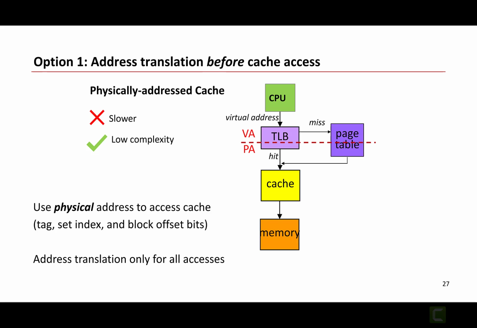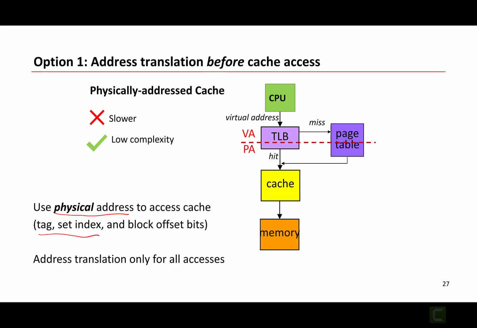You store that cache block at a place in the cache that is defined by the physical address. So the tag, set index, and the block offset are all going to be defined by the physical address. So the set index would be derived from the physical address, the tag would be derived from the physical address, and so the next time when you want to look up the same cache block, you would be able to find it in the right spot.